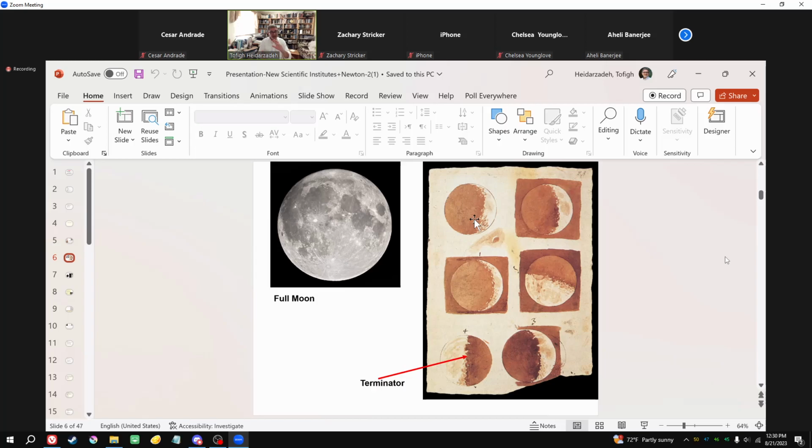What was Galileo's answer? He said that, okay, it is simple. You can understand in this way that the surface of the moon is not 100% spherical.